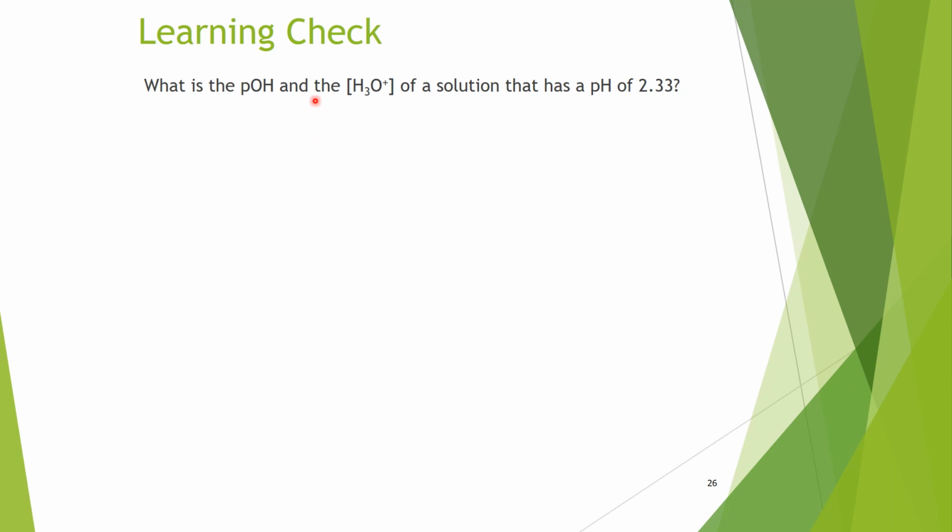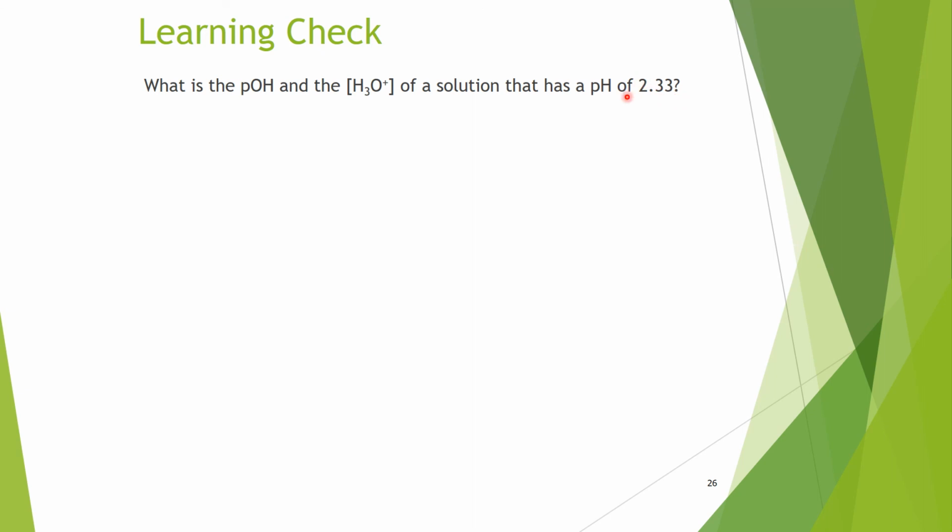Okay, let's try another one. We want to know the pOH and the acid concentration if the pH is 2.33. So there are two different ways you can do it. You can figure out the H3O plus concentration by raising 10 to the minus 2.33.